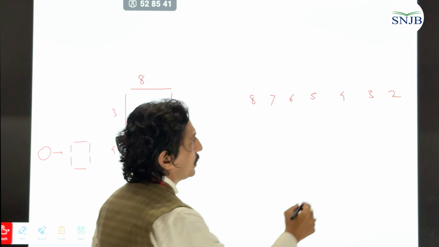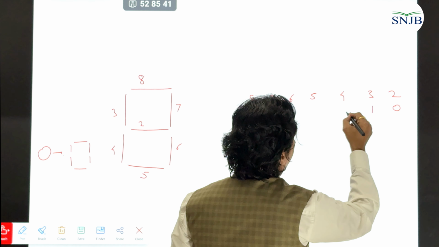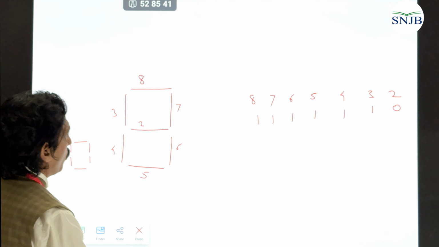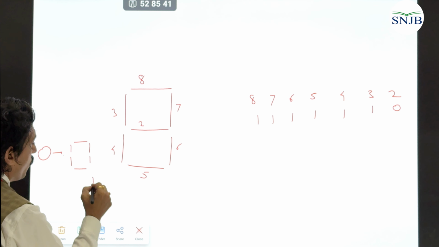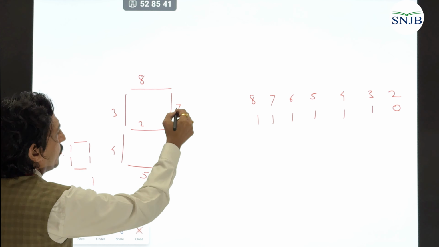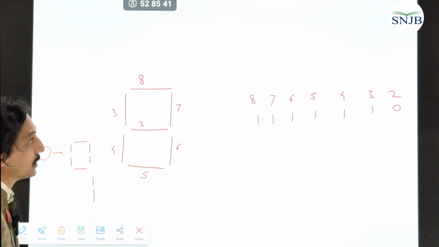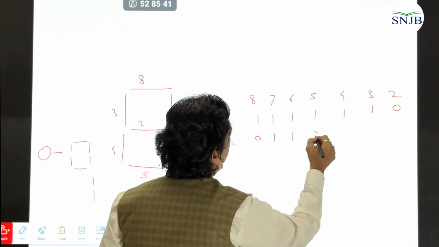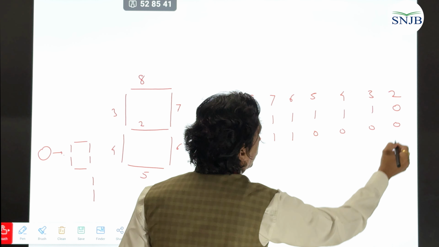2 should be off means this is off and rest are 1. If you would like to display 1, then only 7 and 6 should energize. 7 and 6 is going to be energized and rest should be in an off condition.